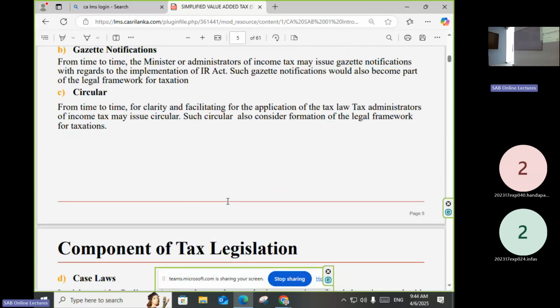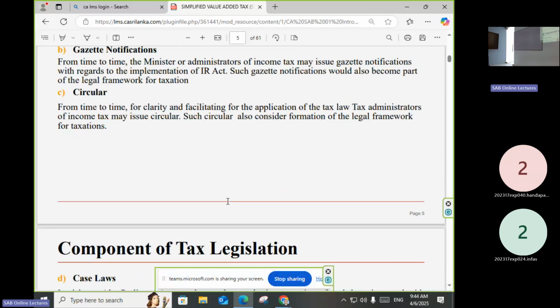So then gazette notification. Gazette notification is also part of law. As I mentioned, the Act should be the law. So the role of gazette notification is to facilitate the law for its smooth operation.